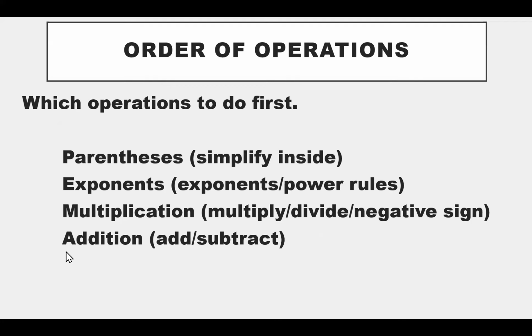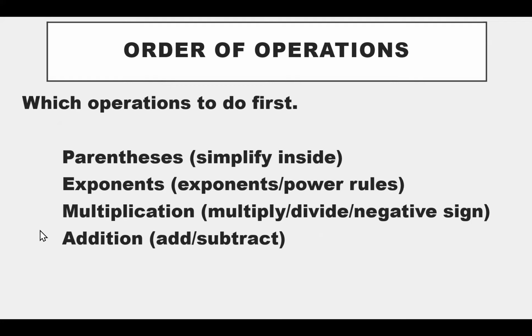And then lastly, in our order of operations is the category of addition, which includes addition and subtraction. So we have essentially 4 categories of operations. We call them parentheses, exponents, multiplication, and addition.